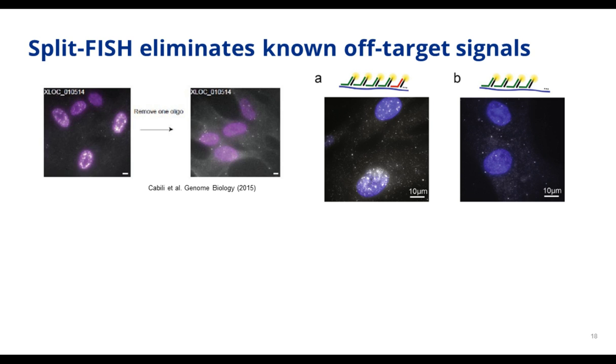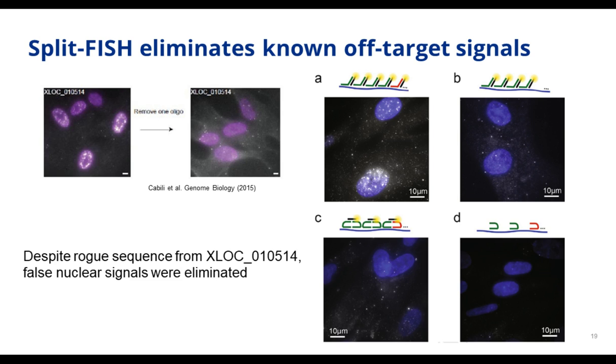So anyway, what we did was that we tried to see if with this SplitFISH design, we can eliminate these known off-target signals. We first repeated the findings. Indeed, when we had this red oligo here, we saw the off-target signals in the nucleus. And when we removed this red oligo, the off-target binding in the nucleus disappeared.